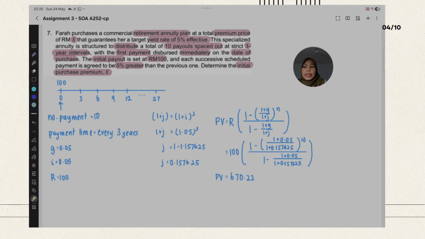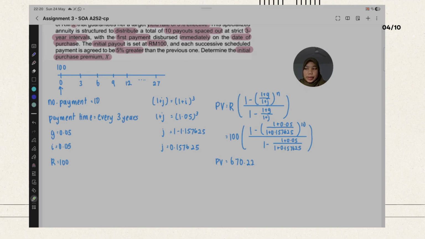And then to pull everything together, since we need to solve for the purchase premium X, we need to calculate the PV at t equals 0 by discounting all the payments back to the origin. This forms a geometric series where the common ratio R is the growth factor divided by the interest discount factor, where R equals (1 plus G) over (1 plus J).